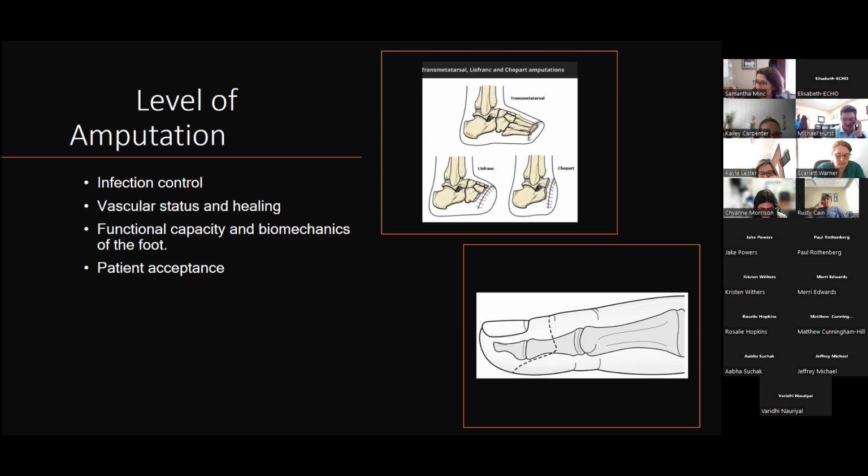Are we detaching a certain tendinous attachment? Is it going to affect the foot? How's it going to distribute the weight? And can it create some further issues down the road? And then, like we talked about previously, patient acceptance. So, really getting the patient on board and accepting that this is what is going to occur or what has to occur.